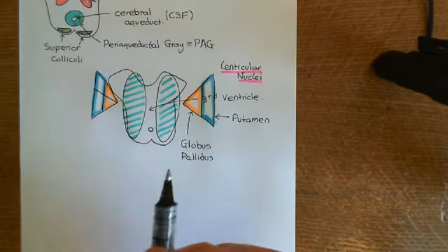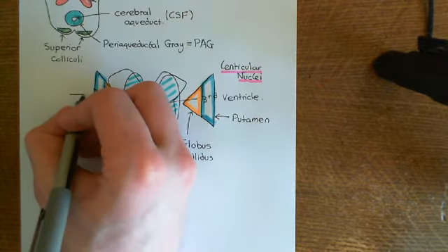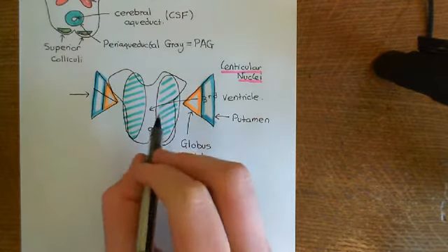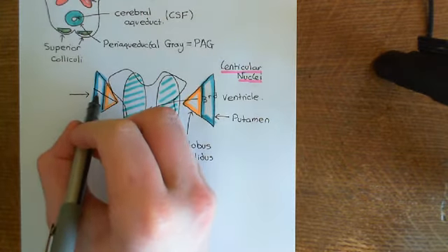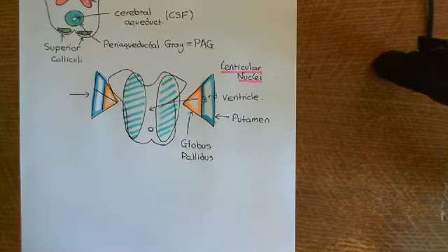Okay, right. Now what I want to do is go back to showing this picture from the left-hand side. Okay, so rather than looking from above, I want to look from the left-hand side again, so that I can put in one final structure, which is going to be the caudate nucleus, and then we're in the position to describe where the internal capsule is going to be.